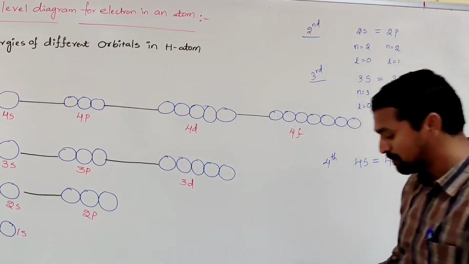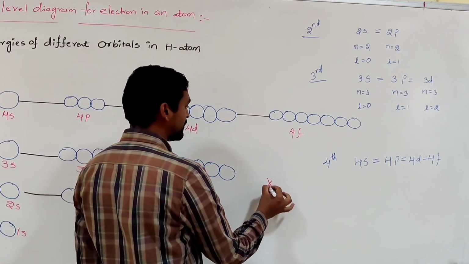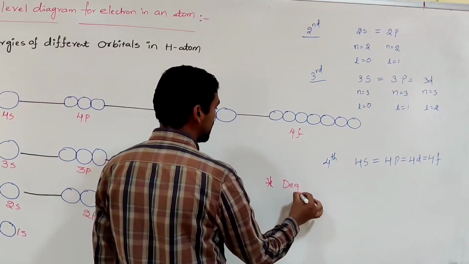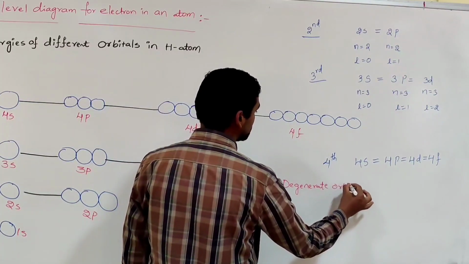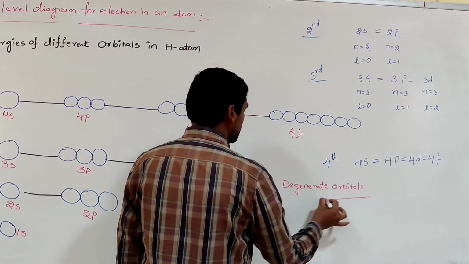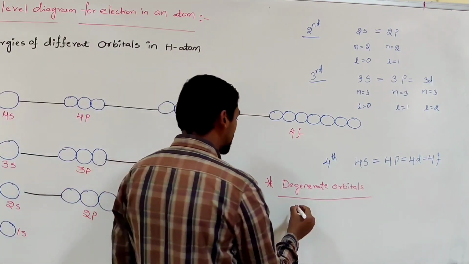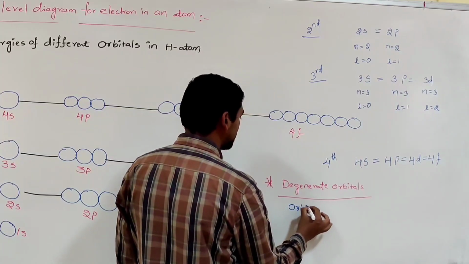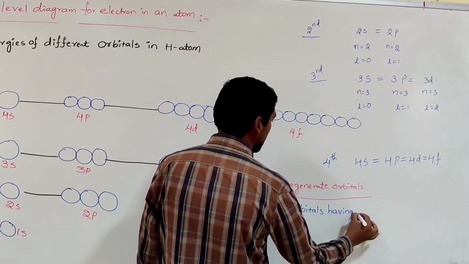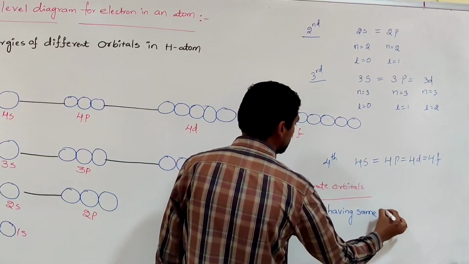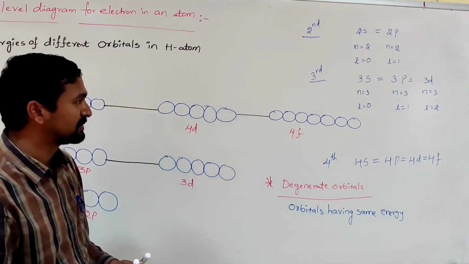Here one important point, which is commonly repeated in inorganic chemistry, is degenerate orbitals. Degenerate orbitals means the orbitals having the same energy are called degenerate orbitals.